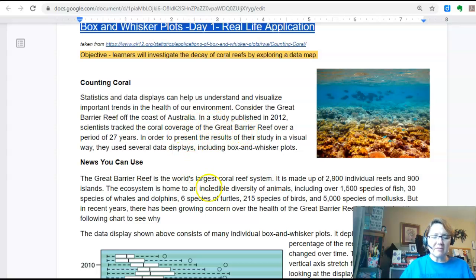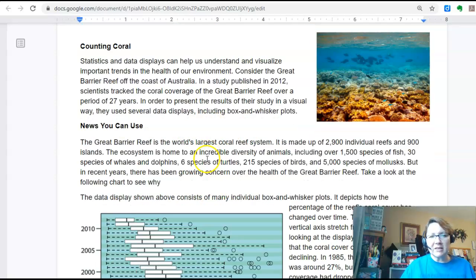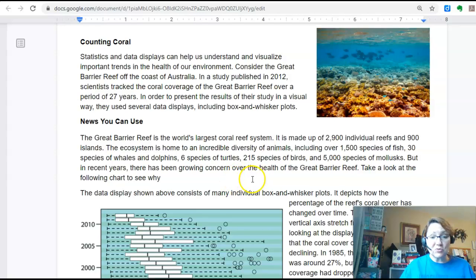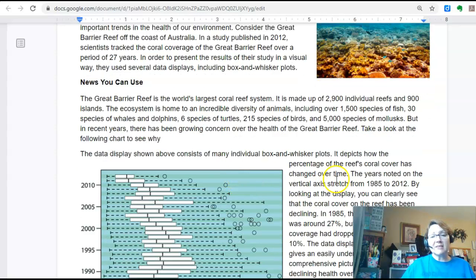You can see page 7 kind of gets you a little bit into where they actually use box and whisker plots, and they do use them when they're talking about the Great Barrier Reef, and they're talking about the world's coral reef system.